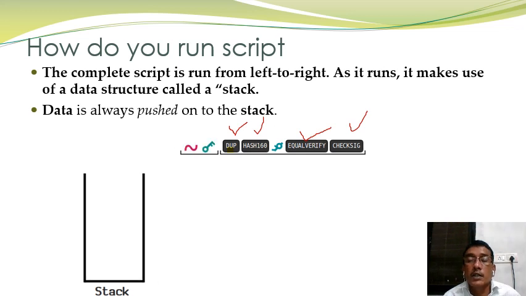So these are the different types of operands in the script. In this single script there are 4 operands: duplicate, hash 160, equal verify, and check signature. We will see examples of these opcodes in the next slide.